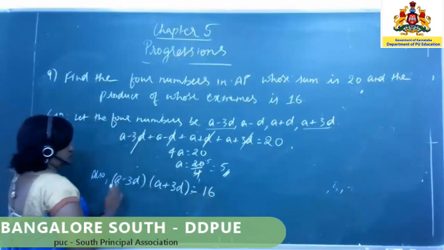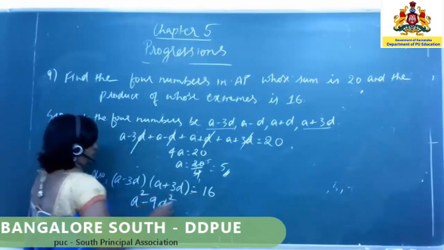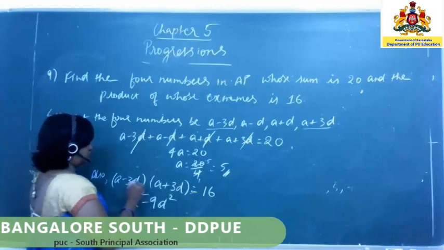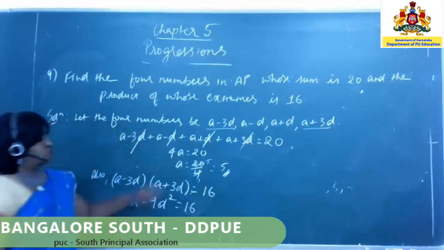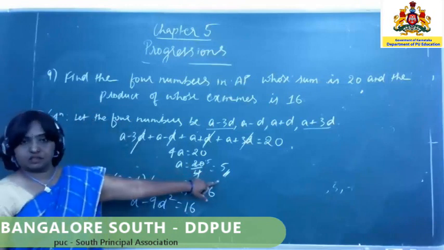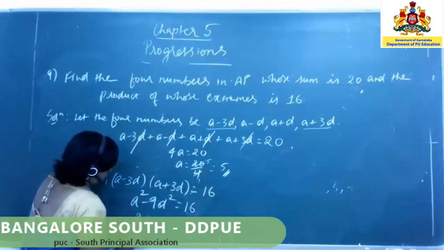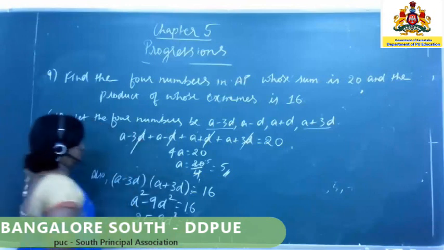So this becomes a square minus 9d square. a minus b into a plus b is a square minus b square. So a square minus 3 square, that is 9d square, is equal to 16. So a is 5, that we have found out. So 5 square, 25 minus 9d square is equal to 16.